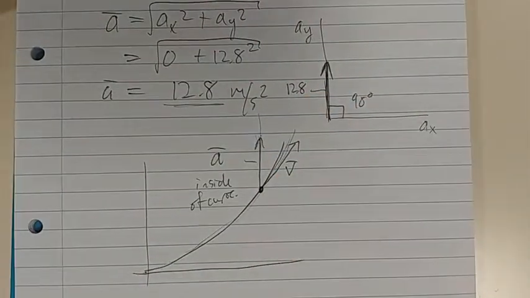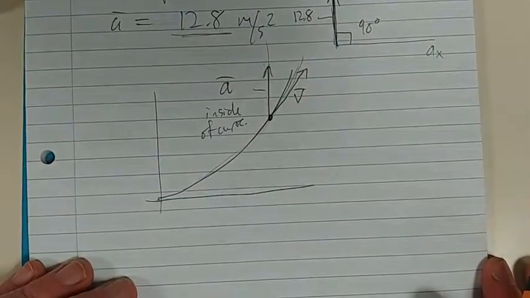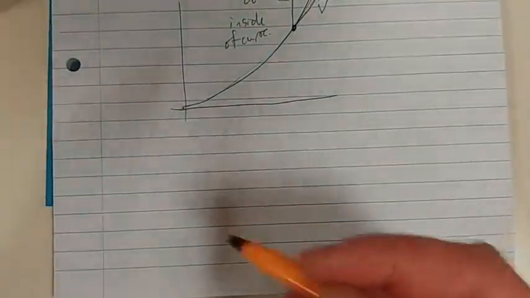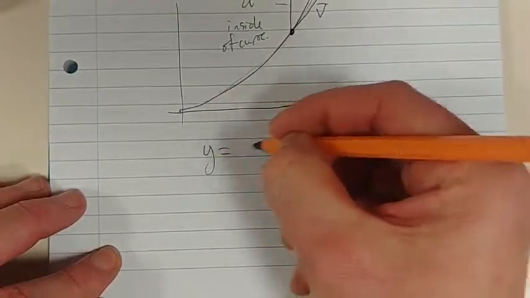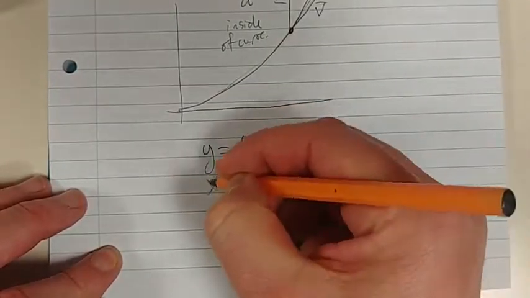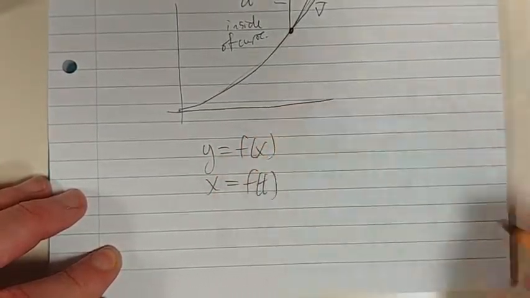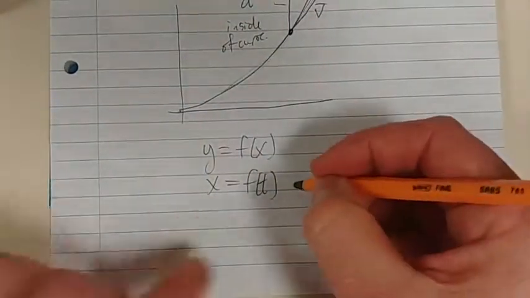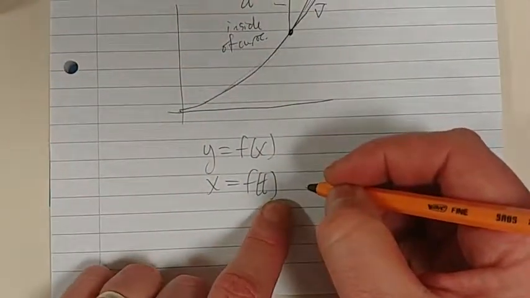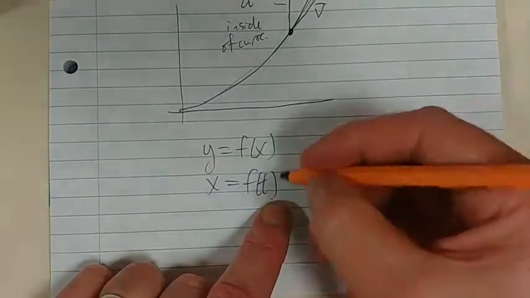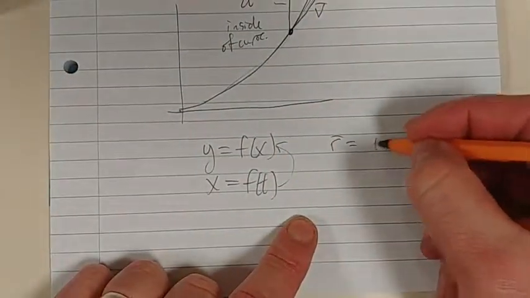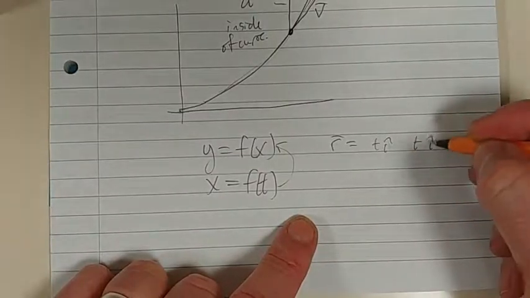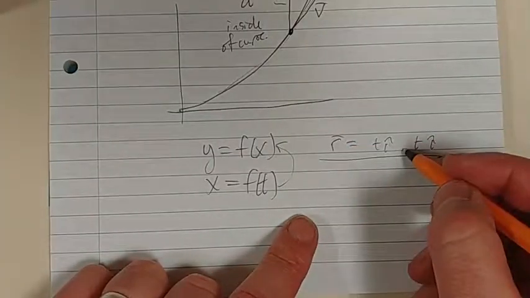Okay? So I think that is the important thing I want you to take away: y was a function of x and x was a function of time. Because we had x as an explicit function of time, we could substitute that in and get our position vector as a function of time, which made everything a lot easier.